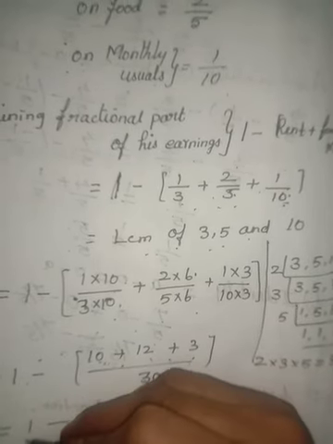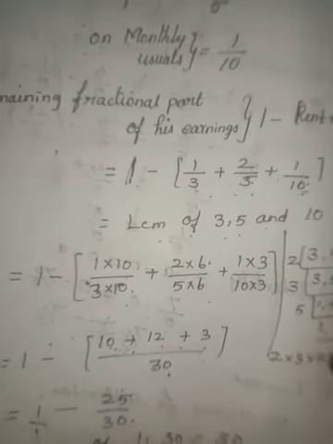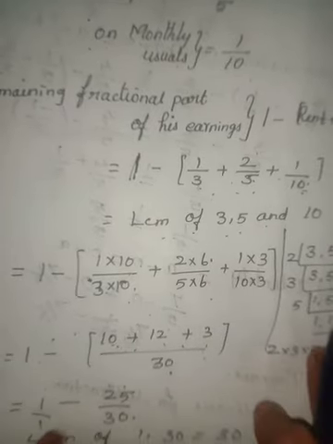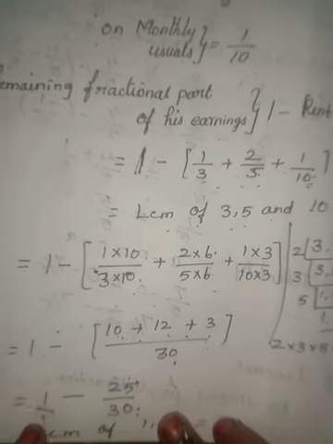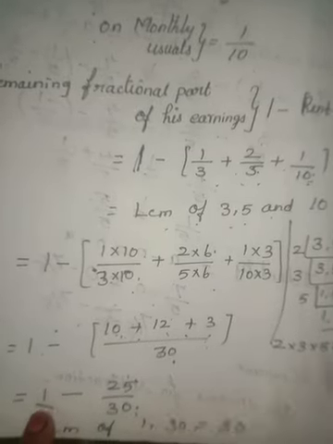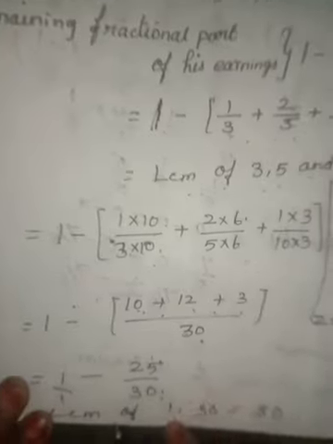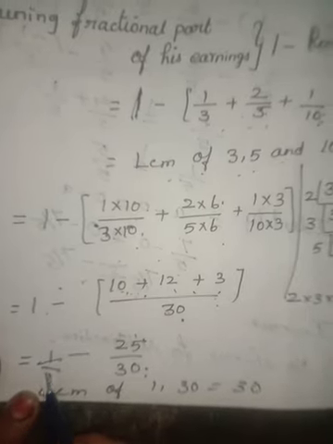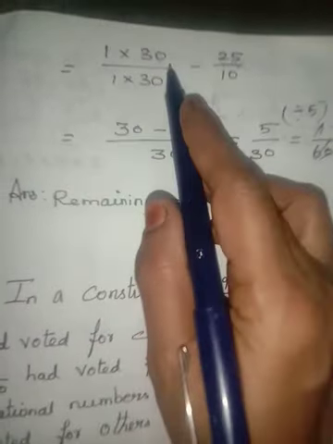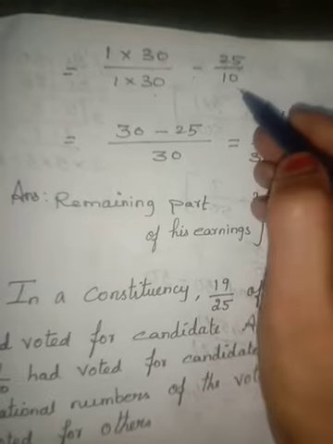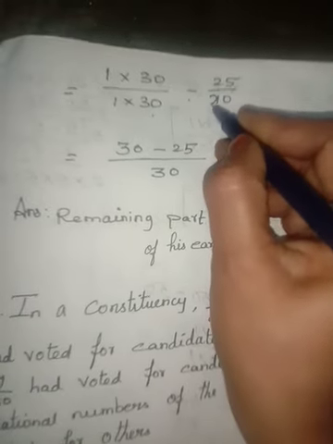Here 1 is the whole number and 25 by 30 is the rational number, so we must make them like denominators. That's why I put 1 in the denominator and take the LCM of 1 and 30. We get 30. So 1 into 30 by 1 into 30 minus 25 by 30.